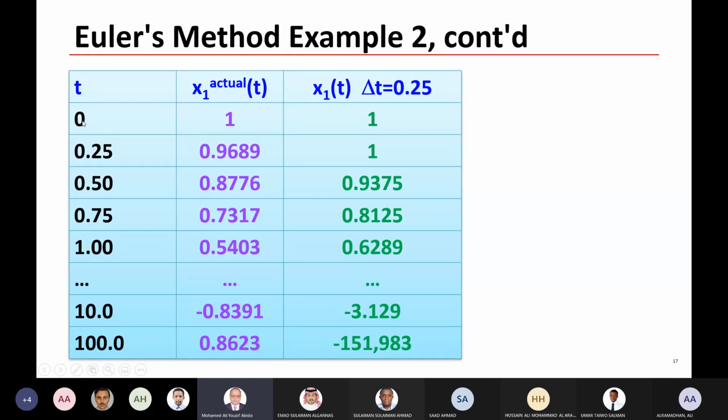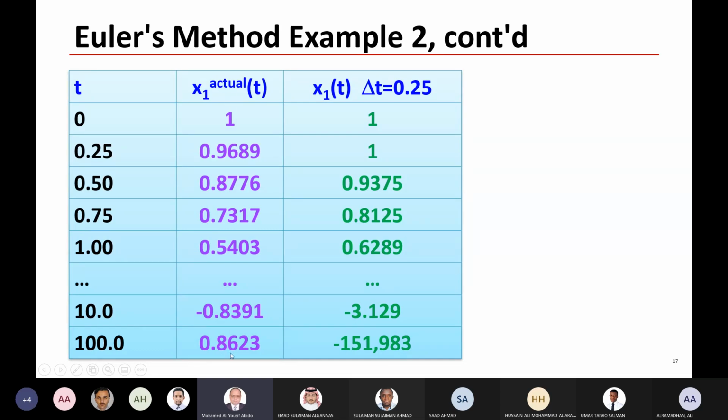If you substitute t equal to 0, so cosine equal to 1, 0.25, 0.5, 0.75, and so on. You have here at 10 seconds. If you substitute 100, then you substitute as such cosine 100. 100 is in radians, so you can get it as such.